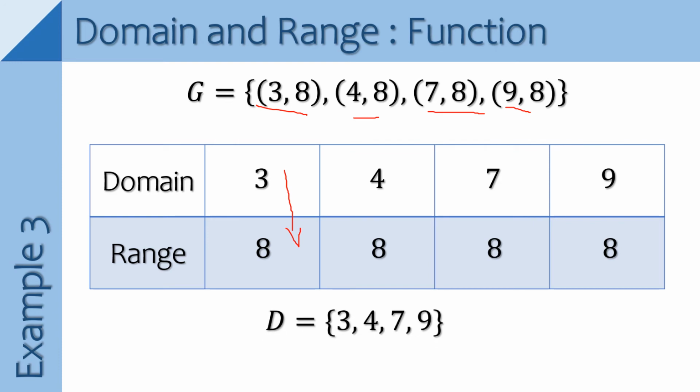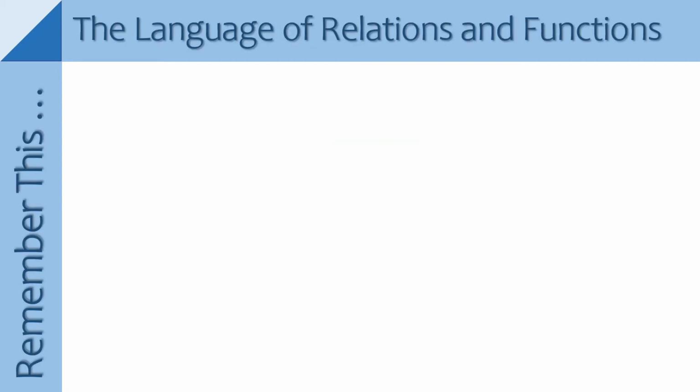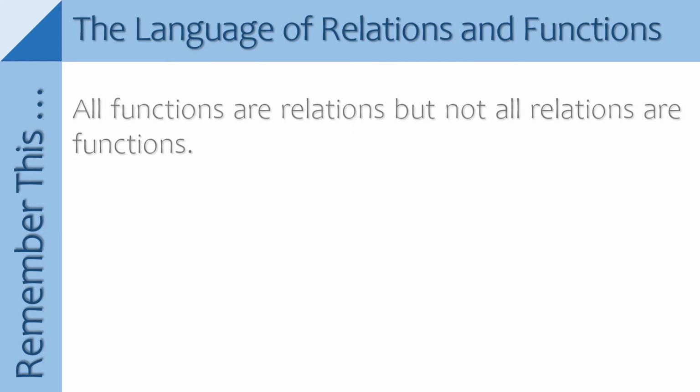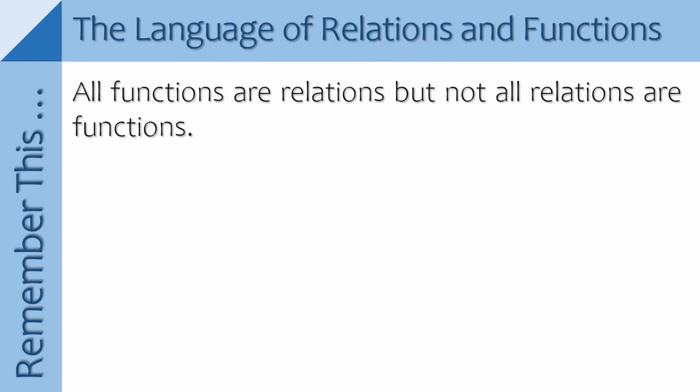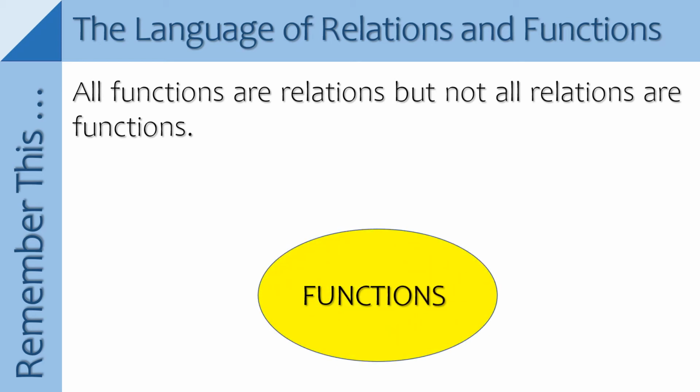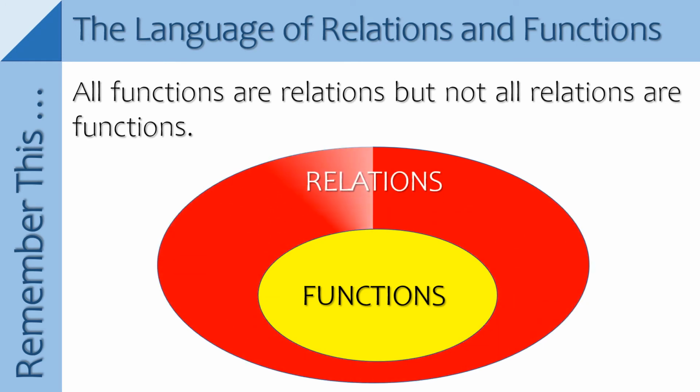Okay, so the set of domains are 3, 4, 7, 9, and then the range is only 8. Okay, so try to remember this one. All functions are relations, but not all relations are functions. Okay, so sabi dyan, lahat daw ng function ay relation, pero hindi lahat ng relations ay functions.